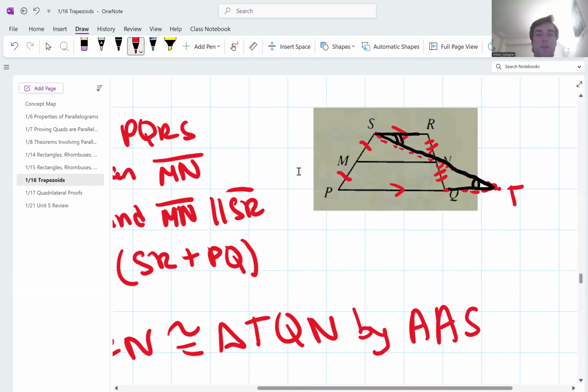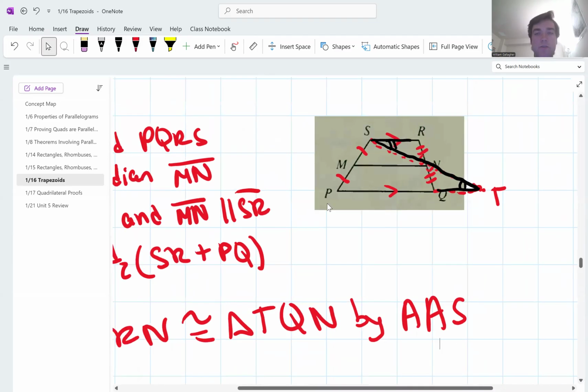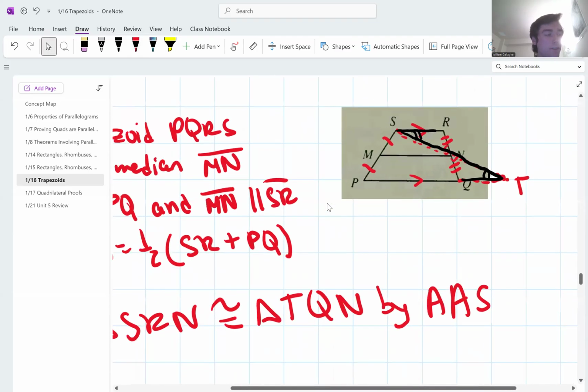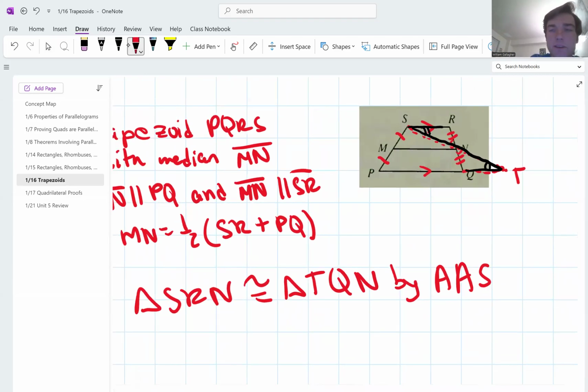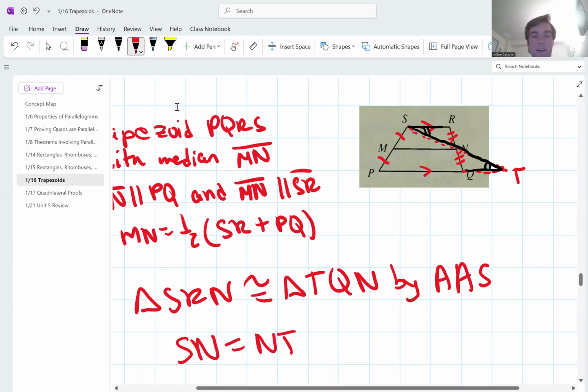That means something for us. For right now, it really only means one thing: it means that SN is equal to NT. I'm going to use the length, and you'll see why in a second.